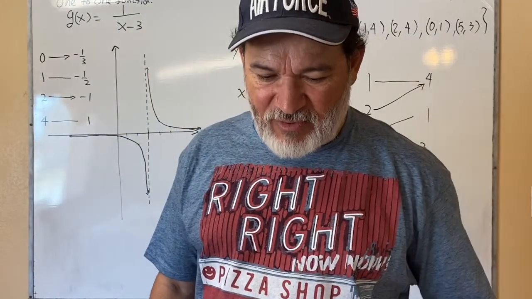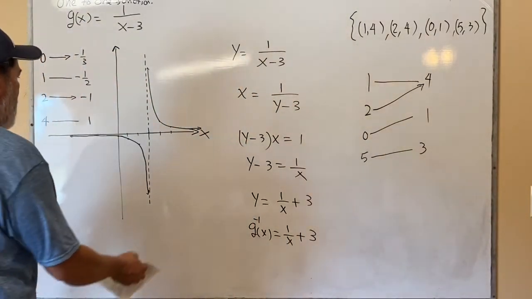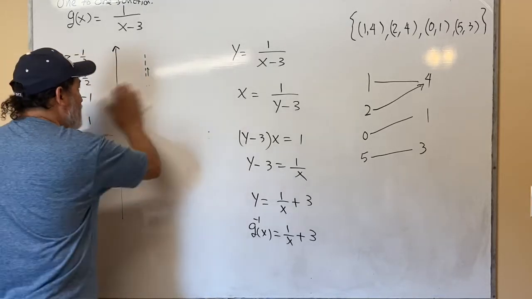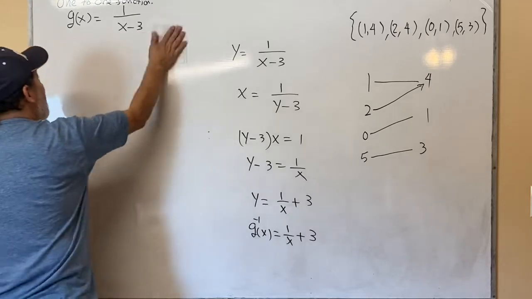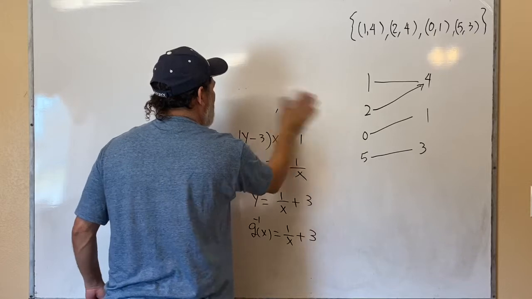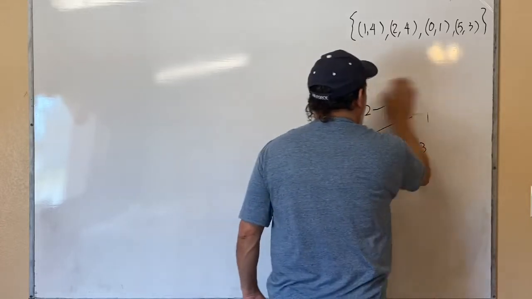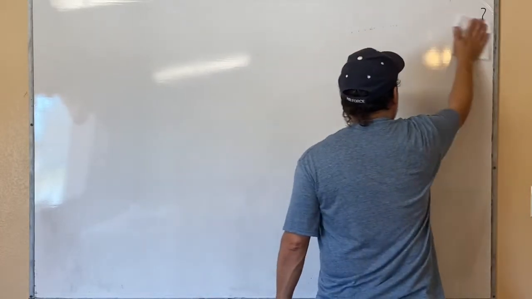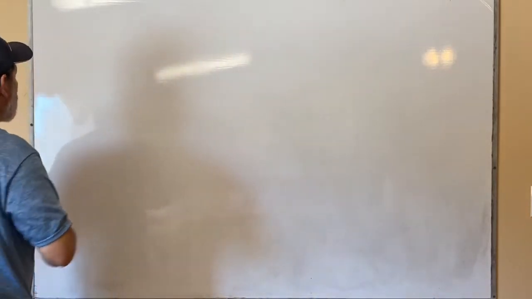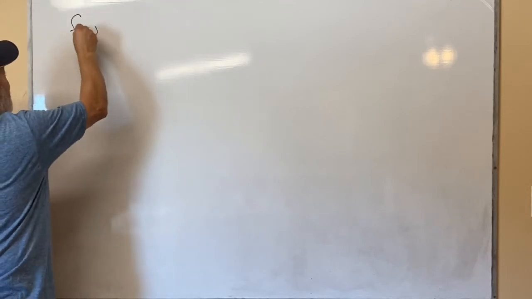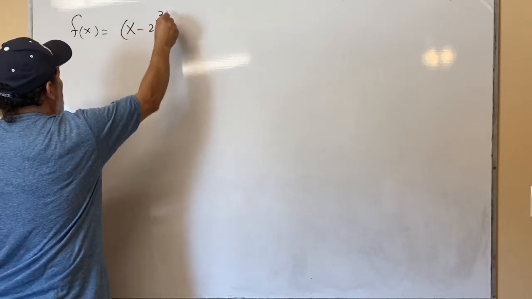Okay, so I hope this gives you an idea. One more example, and then we're done with this. So this is one-to-one. Here's a function. f of x equals x minus 2 quantity squared.